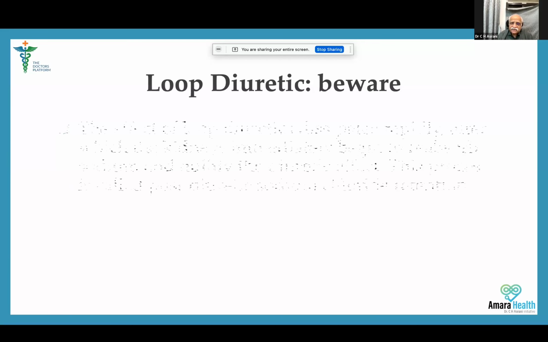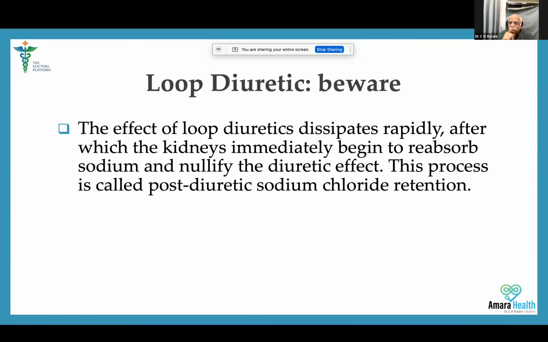Beware of loop diuretics. The effect of loop diuretic dissipates rapidly, especially furosemide, after which kidneys immediately begin to reabsorb sodium and the diuretic effect is nullified. This process is called post-diuretic sodium chloride retention.